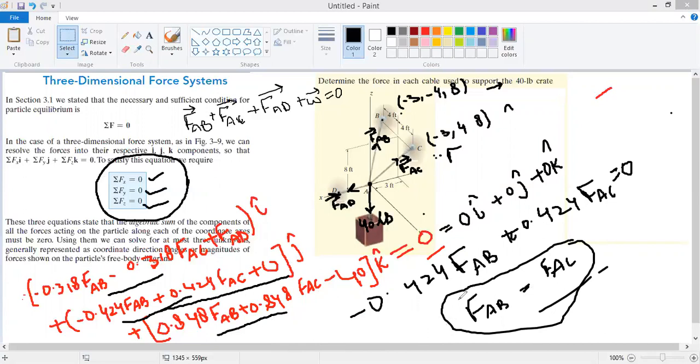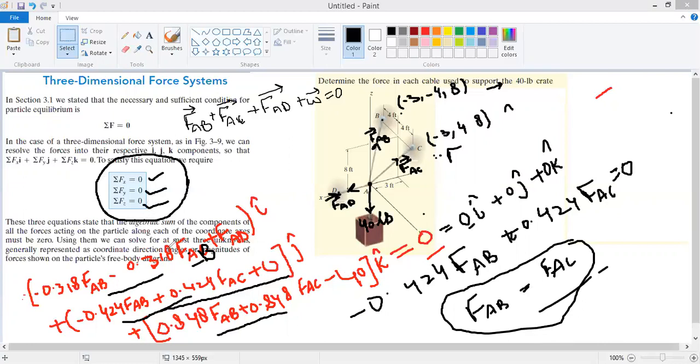So this is quite evident now. If we substitute FAB equal to FAC, we have minus 0.318 FAB minus 0.318 FAC. Since FAB is equal to FAC, in place of FAC we can write FAB. So we have minus 0.318 FAB minus 0.318 FAB plus FAD is equal to 0, because the i components are also equal to 0.